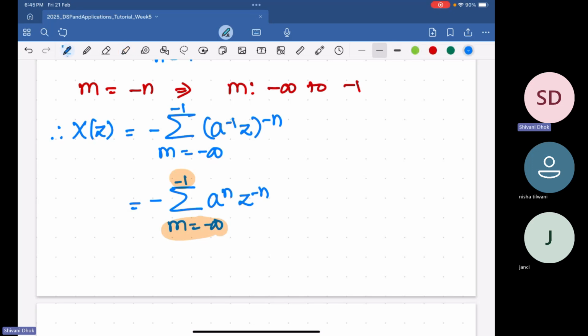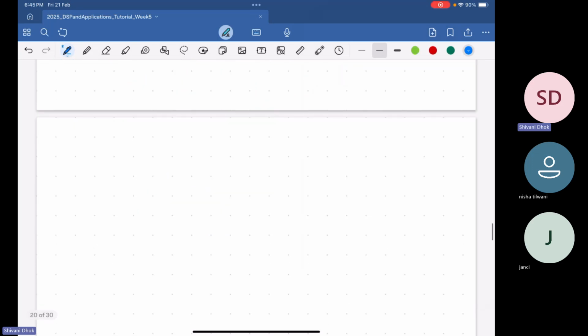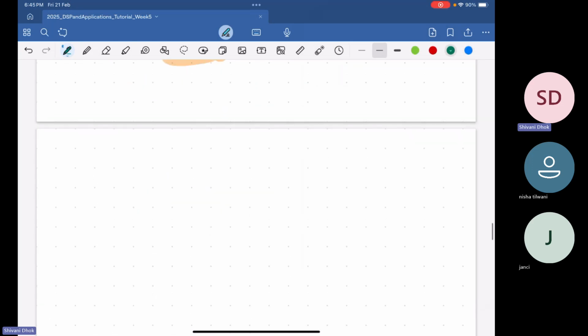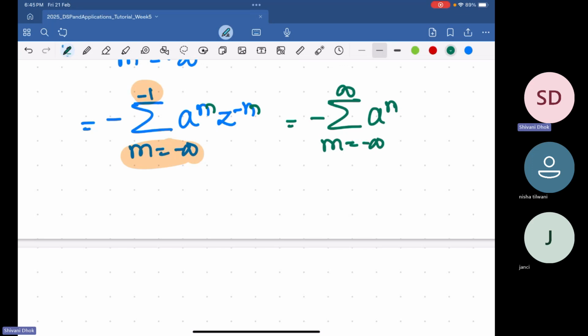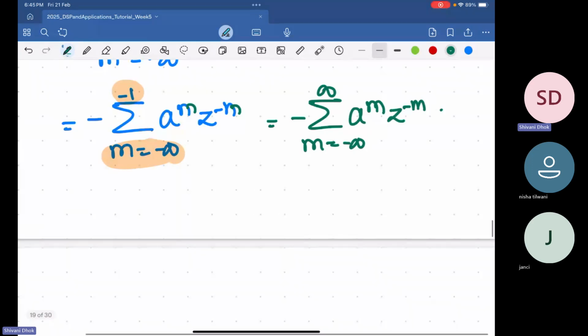So now consider this particular signal. Getting this kind of thing is equivalent to writing this as minus of summation m running from minus infinity to infinity of A to the power m into Z to the power minus m into some function of m.